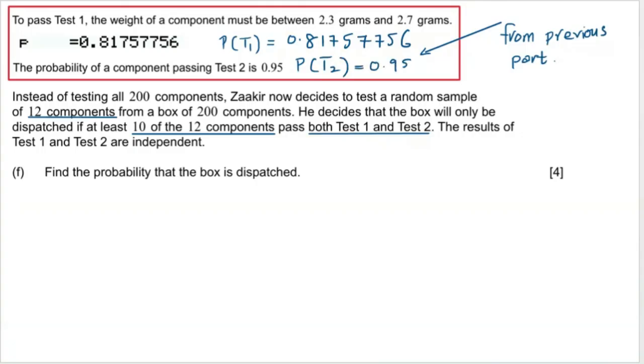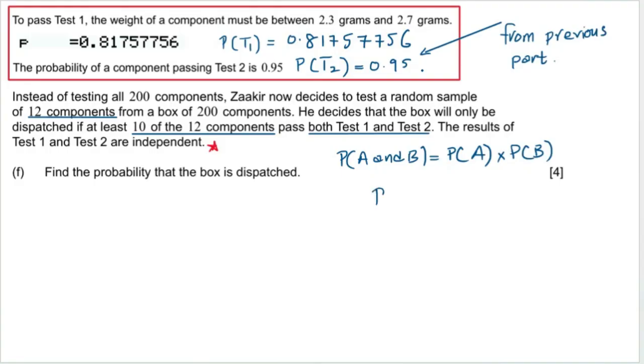They're saying the results of test 1 and test 2 are independent. Now, this is also very important. I'm putting a star over here. Check the independence formula in the formula booklet. Probability of A intersection B is probability of A times probability of B for independent events. Do check this. You can pause the video and go back and check this formula.